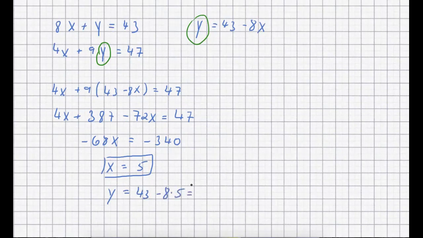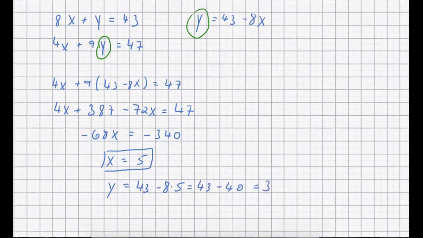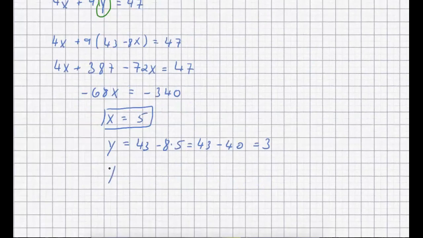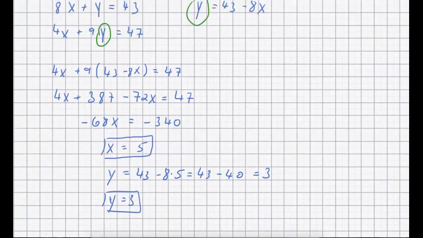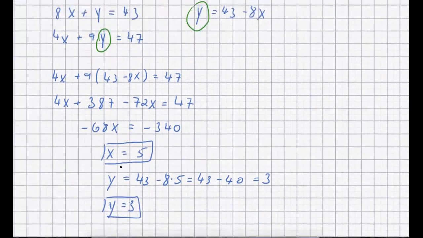This is 43 minus 40, and this is just 3. So y equals 3. So then you have x שווה 5 and y שווה 3. That's the whole targil.